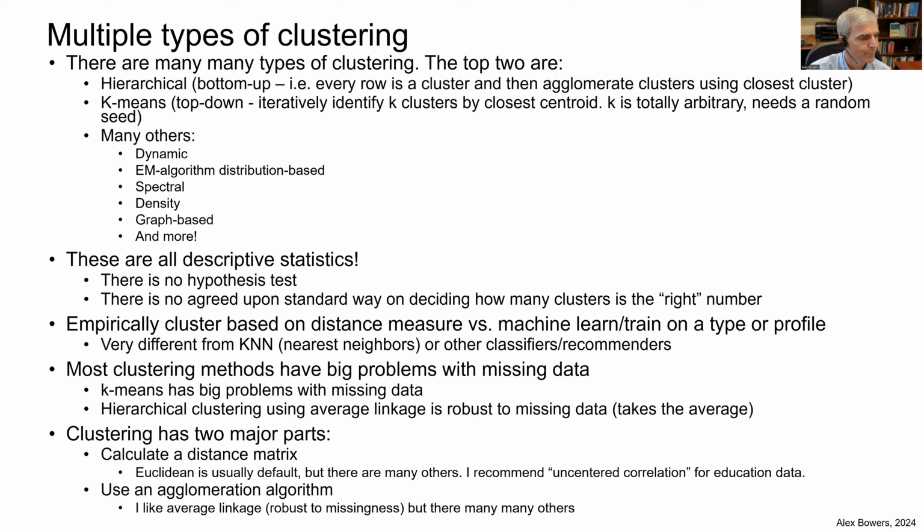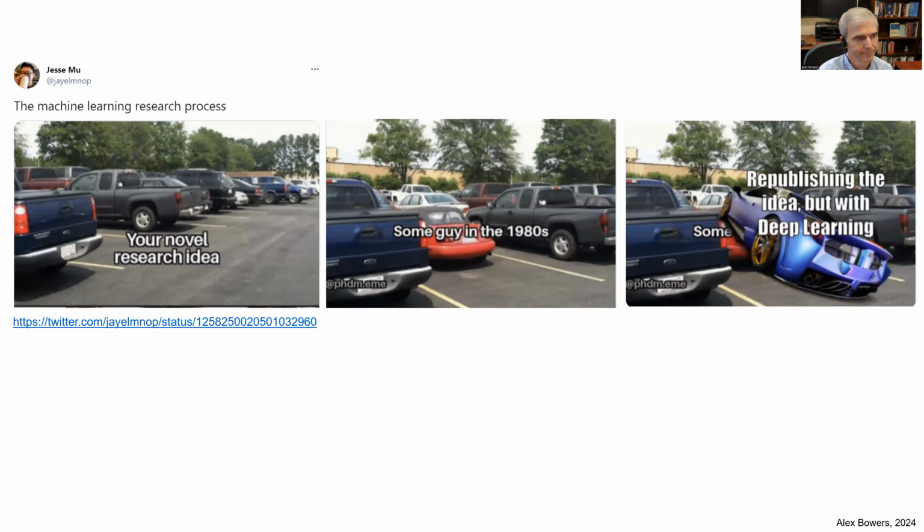Once you have your distance matrix, so you know the distance in your hyperdimensional data space from every point to every other point, then you need an agglomeration algorithm. How do you decide which ones are most similar to each other? I like average linkage because of the robustness to missingness, but there's a ton of other choices that you can make as well. And I'll show you how to find those.